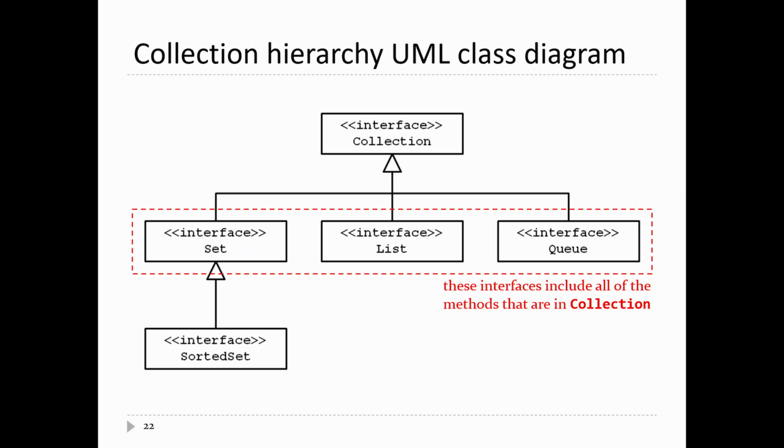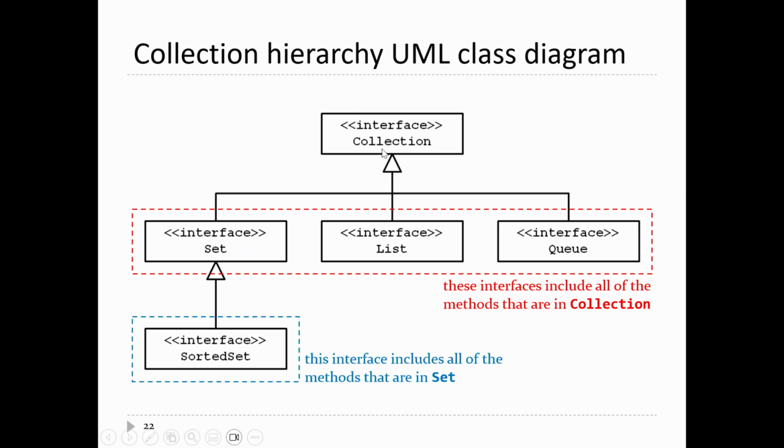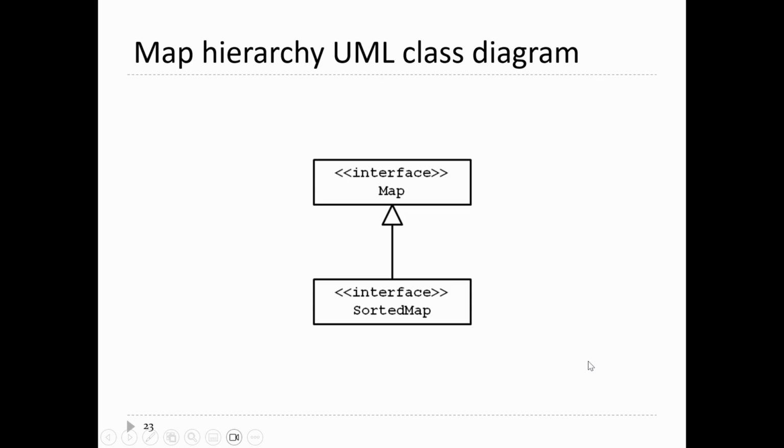In the red box, these interfaces include all the methods that are defined or declared up here. And the blue box includes all of the methods from here, which includes all of the methods from here. So you've got this hierarchy of interfaces. You might ask, where is Map?